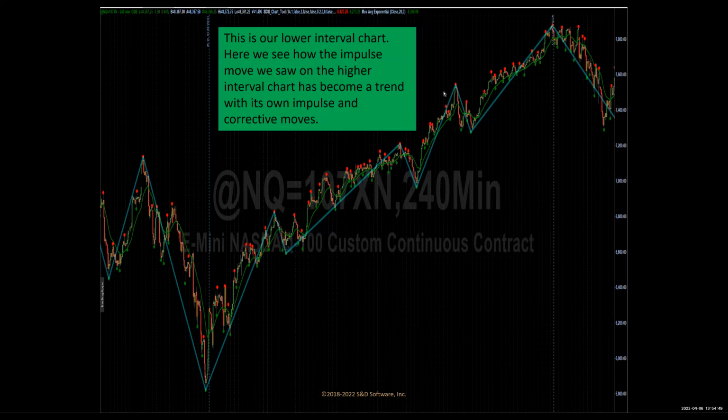And so sometimes we'll see things creep in here like sideways moves or brief interruptions in the trend. We actually saw a brief interruption in the trend on the higher interval when we had the overshoot there and we had the long correction. But the trend reasserted itself on the next move.